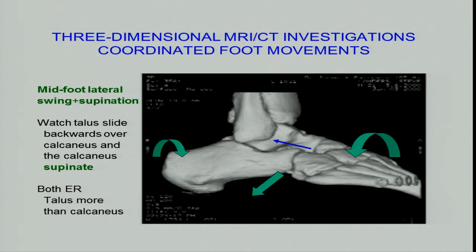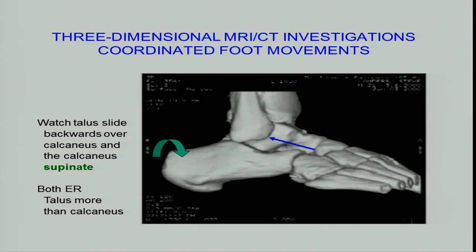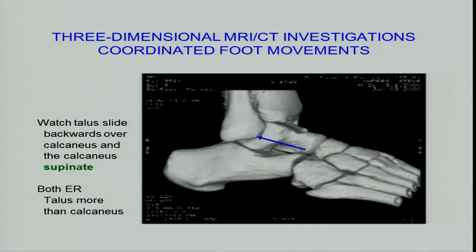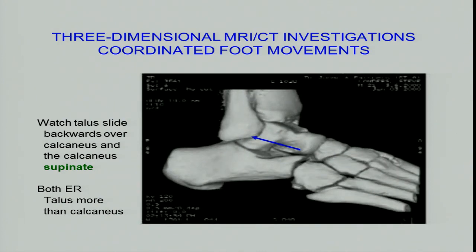Both the calcaneus and the talus externally rotate, but the talus twice as much as the calcaneus. Can you see that talus rapidly externally rotating and being pushed backwards? Somebody say yes.